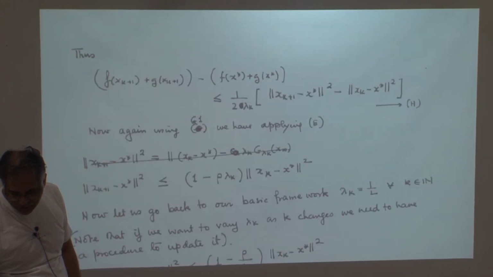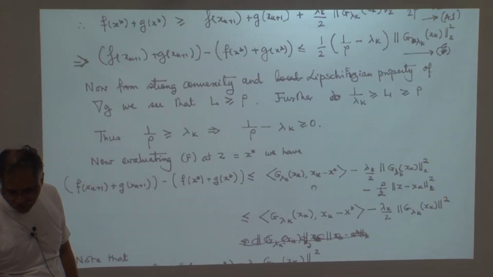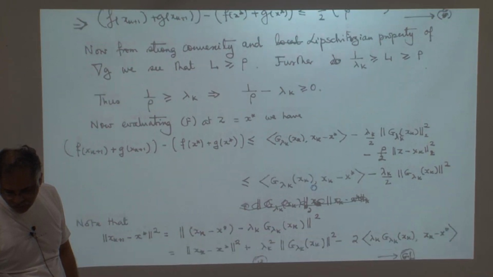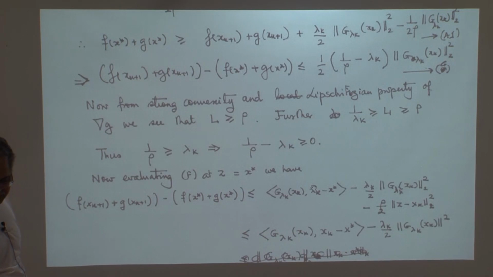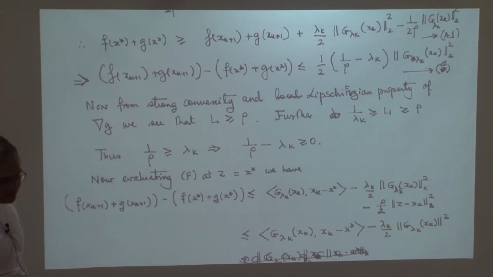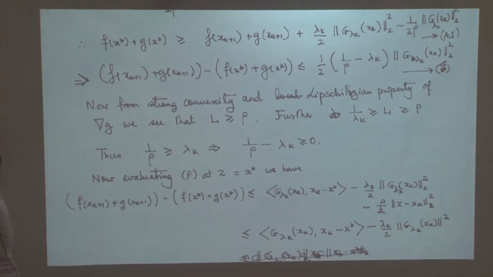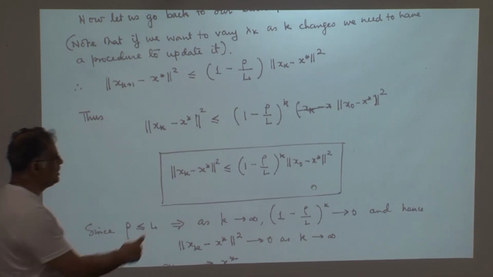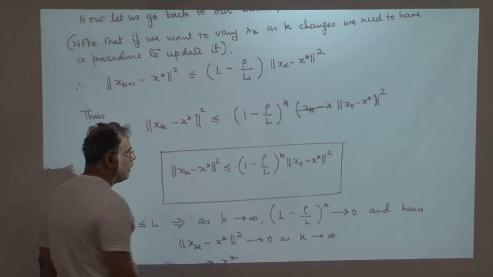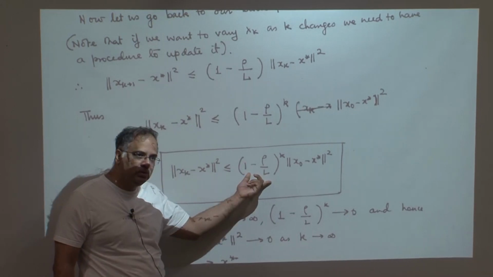If you go to the previous slide, you will observe that somewhere we have shown that L is bigger than rho. So, once you ultimately derive a condition like this, this is a number less than 1. So, as k tends to infinity, what is happening? This is going to 0.